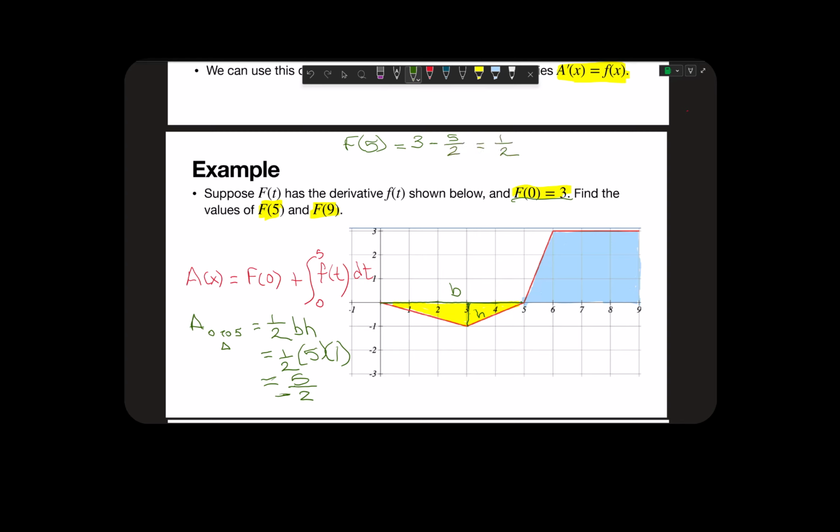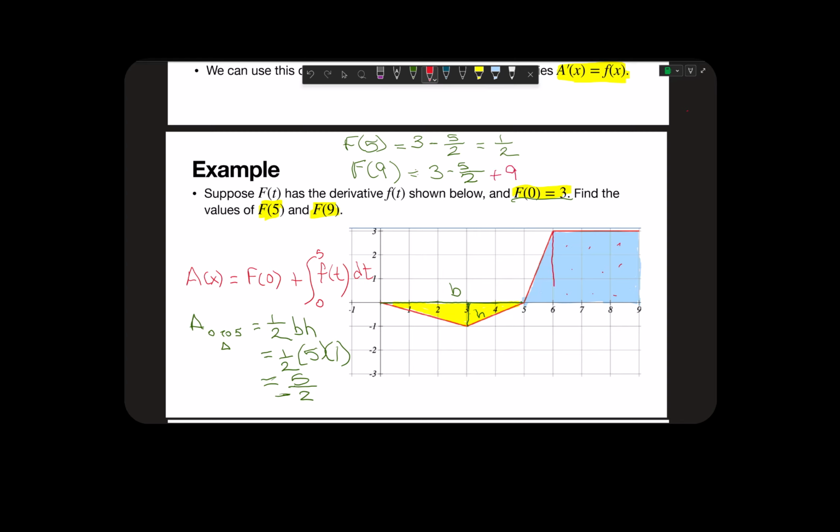And now I have to figure out the area of my last region, which is in blue. I know that it has 1, 2, 3, 4, 5, 6, 7, 8, 9 boxes. So I know it's plus 9.